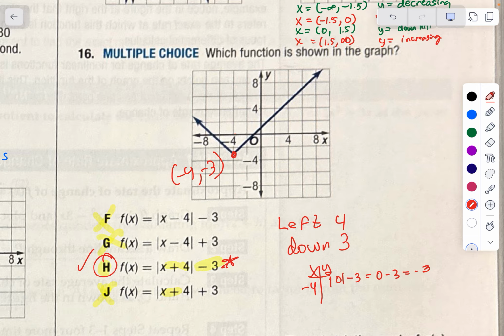Bam, it comes out to be the point we're expecting. So you can plug in a number, and I would suggest plugging in the vertex. You can really plug in any point. The only one that's going to match up in the right spot is H. Everybody good with that? Makes sense, kind of, maybe?